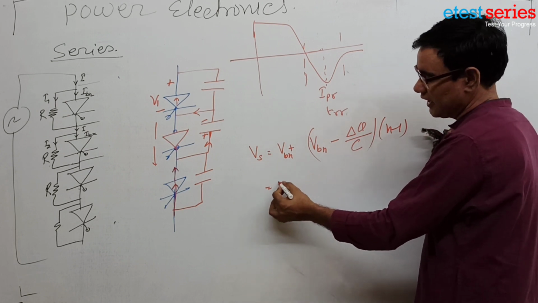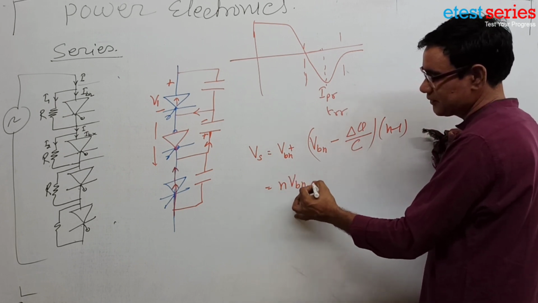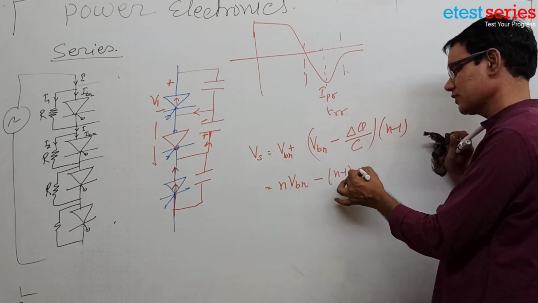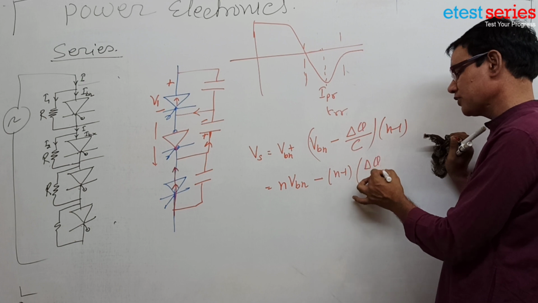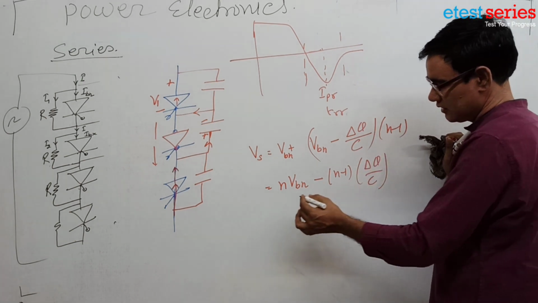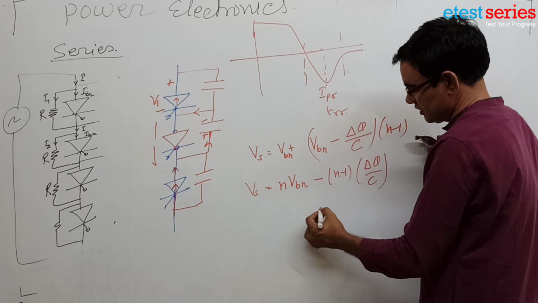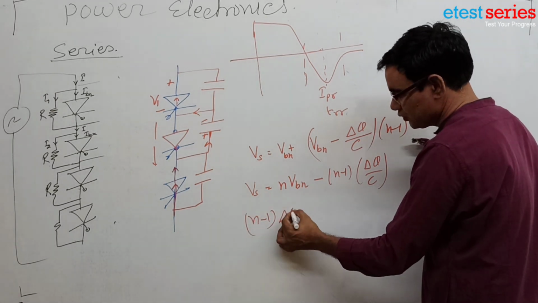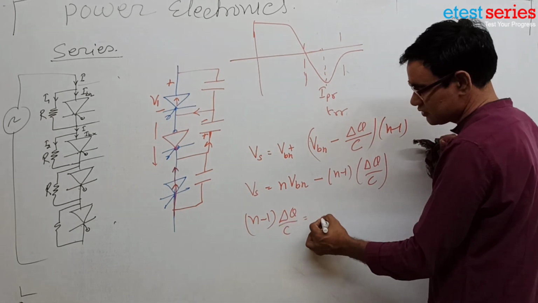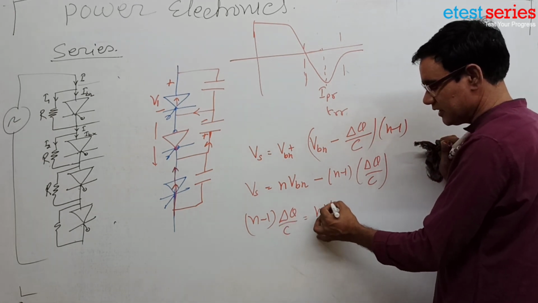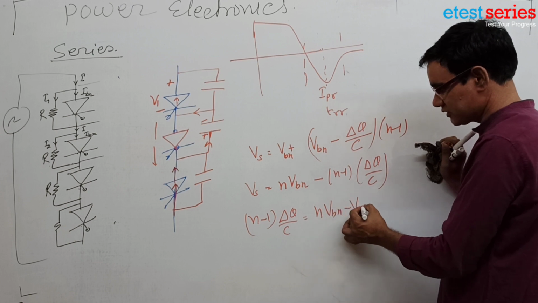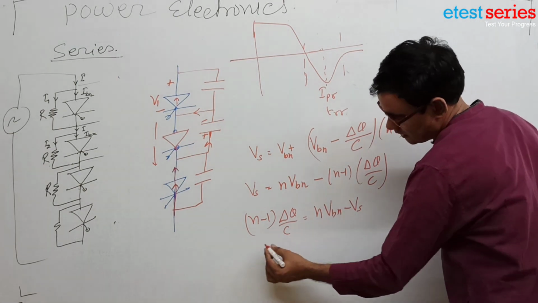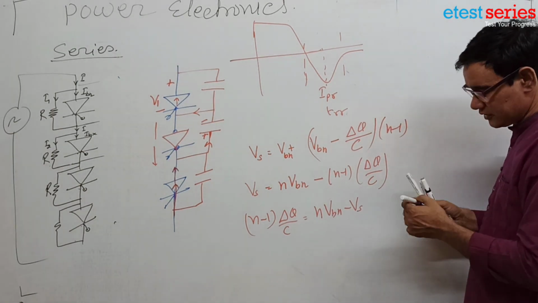So this is nVBN minus (n minus 1) delta Q divided by C, and this is Vs. So (n minus 1) delta Q divided by C equals nVBN minus Vs. So the value of C comes out.